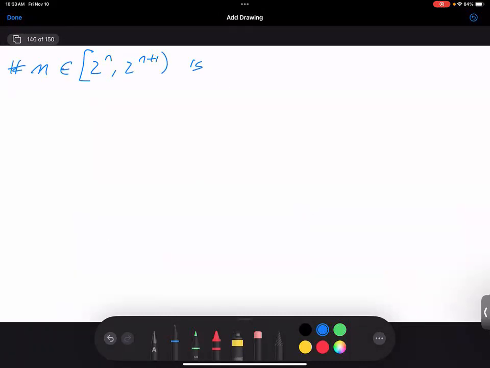Sure. So give me the answer as a function of n. So 2 to the n plus 1 minus 2 to the n minus 1. Just looking for the number of integers in that interval.